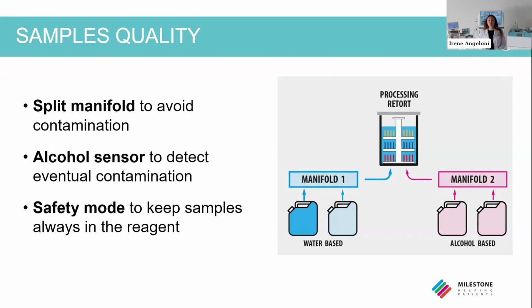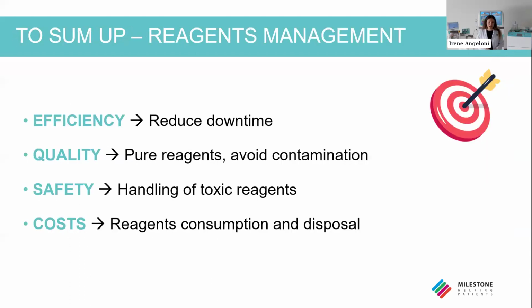So again, sample quality. Let's sum up a little bit also the second key point, because it was a lot of things. Regarding the efficiency, we can reduce downtimes with the wax already melted, with the reagent exchange, and so on. Regarding quality, we always have pure reagents. We have the instruments to avoid contamination.